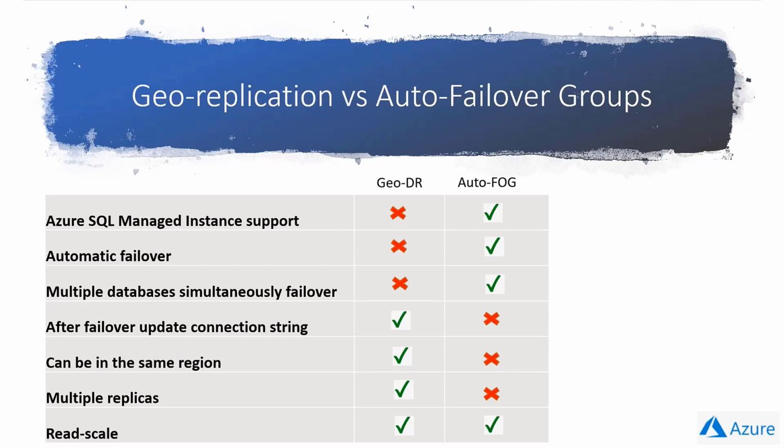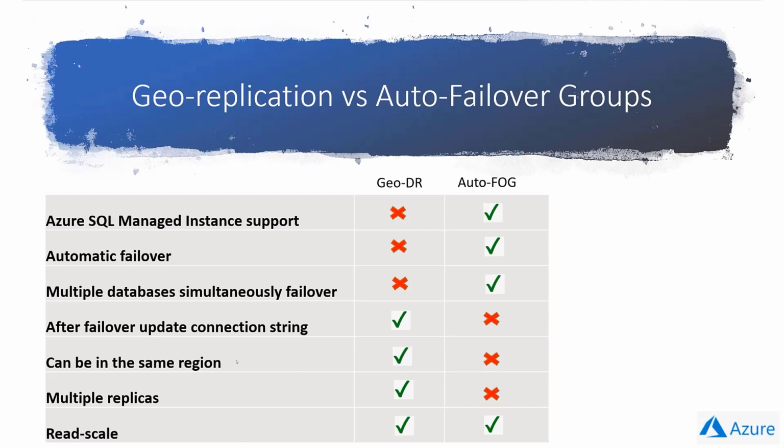And the reason is, well, Geo Replication is doing replication at the database level. And for managed instance, we're doing actually the failover at the instance level. Basically, the managed instance with all the databases inside, we are replicating this entirely using auto failover groups.